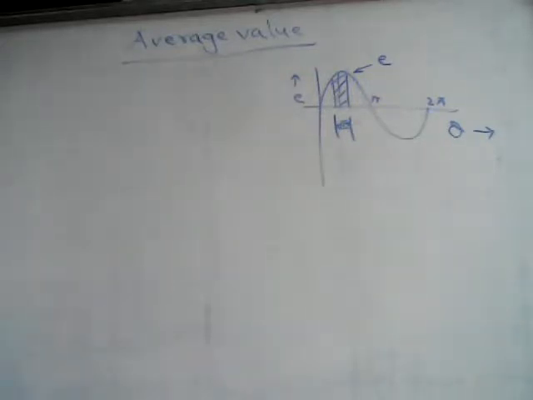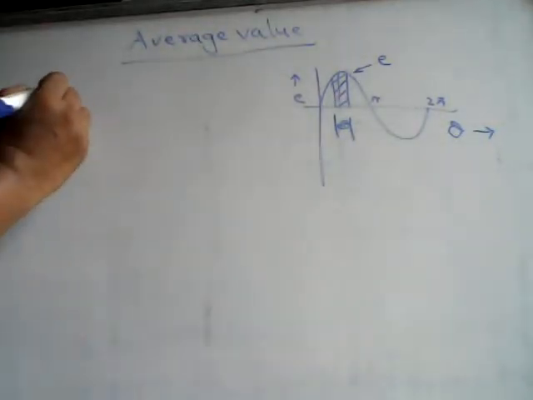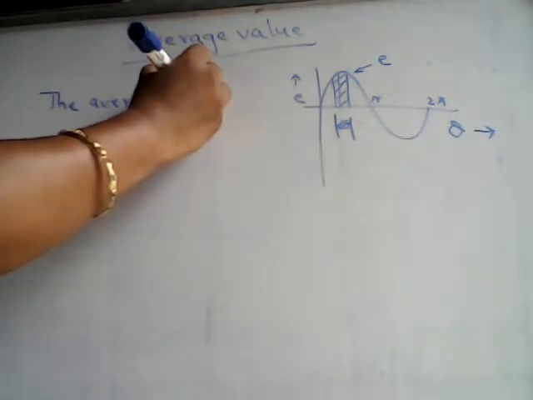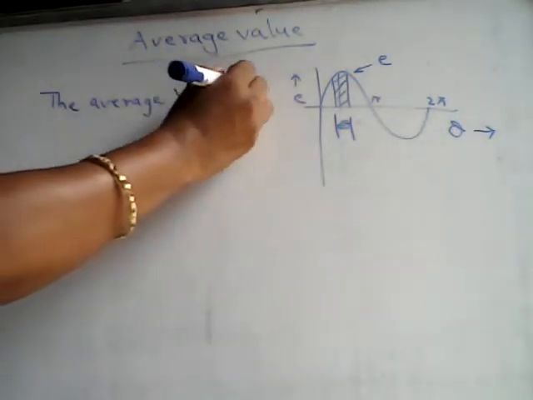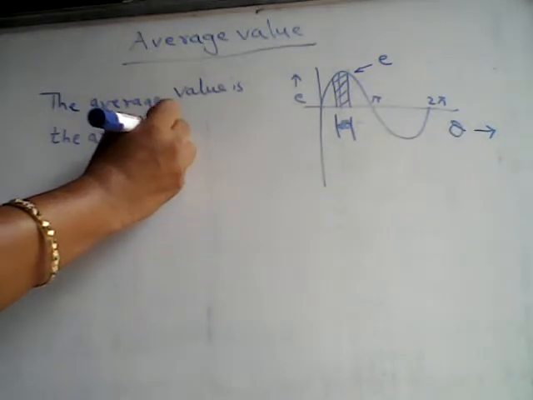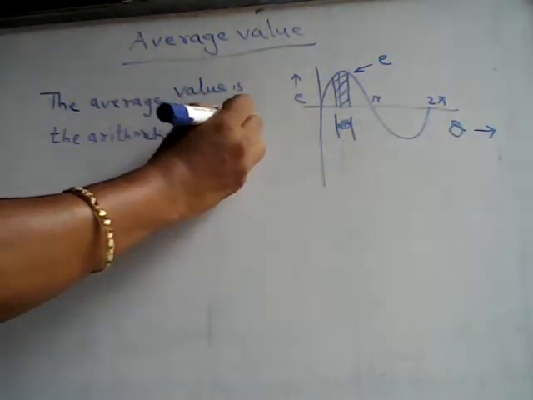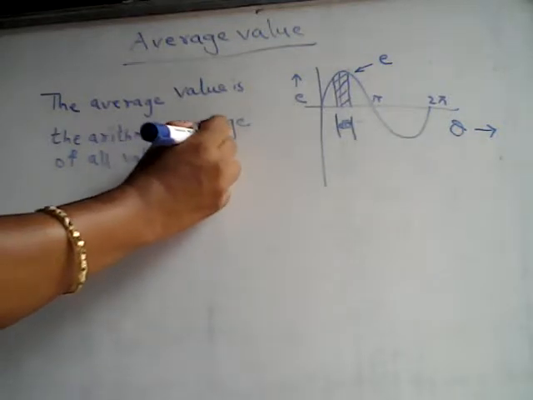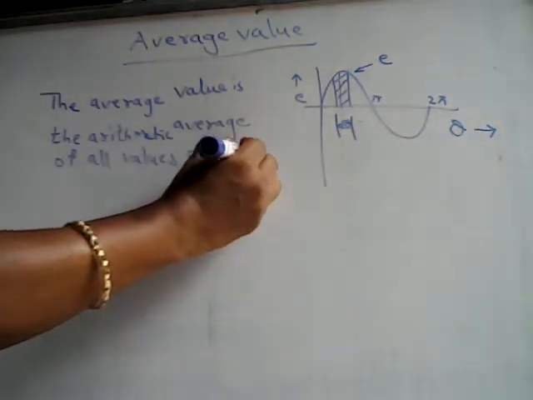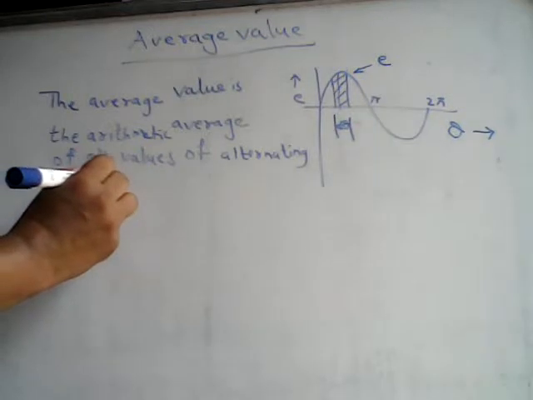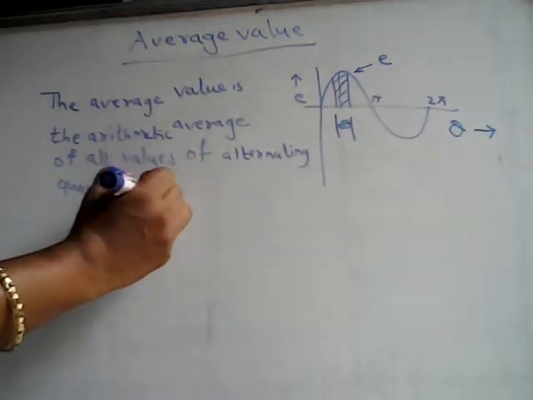So average value is defined as the average of all values of alternating quantity over one cycle. So it is defined as: the average value is the arithmetic average of all values of alternating quantity over one cycle.